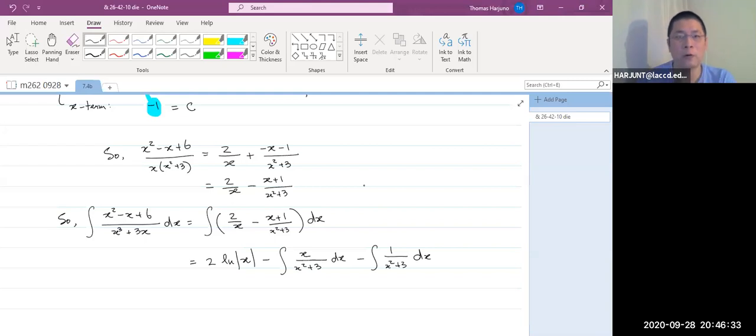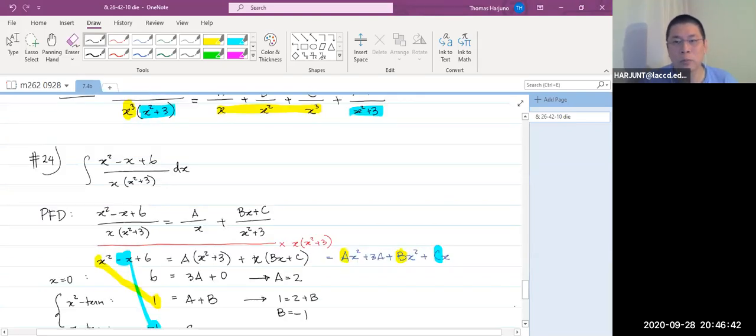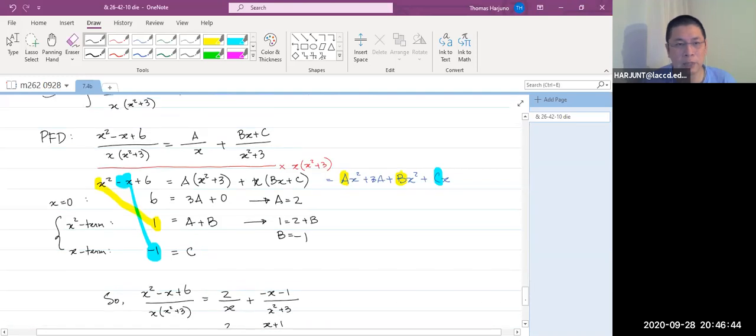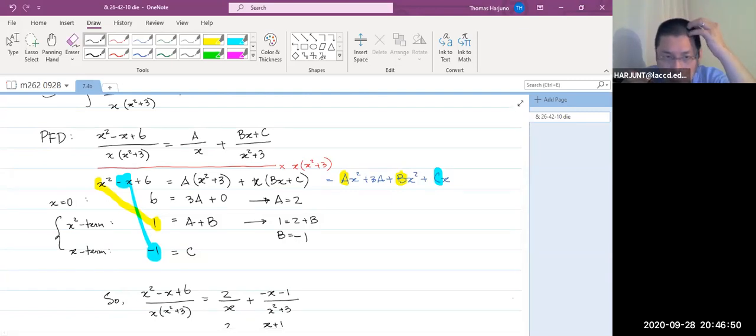Is there a name for the method which you used to find B and C? Like terms method. Method number 1, from what I taught you last time. So you look at term by term: the x squared term, what's the coefficient on the left, what's the coefficient on the right; the x term, what's the coefficient on the left, the coefficient on the right, and so on and so forth.